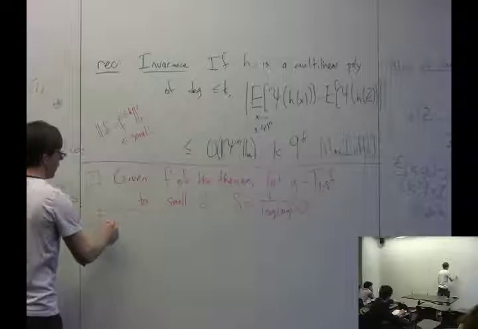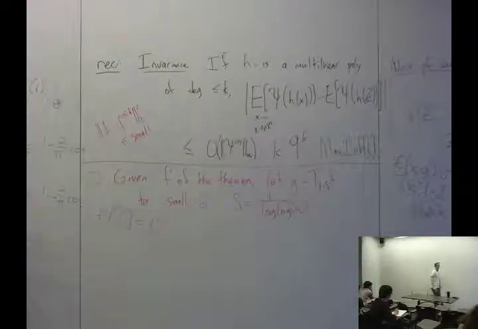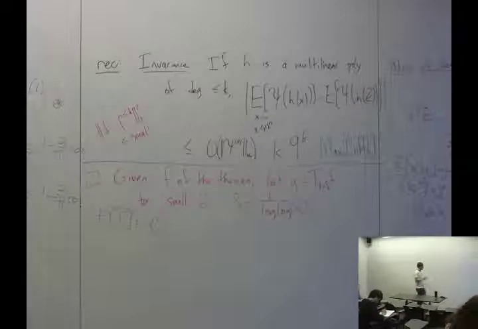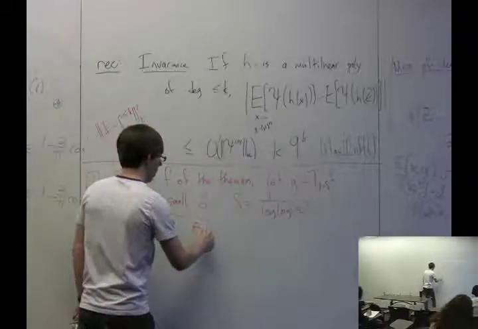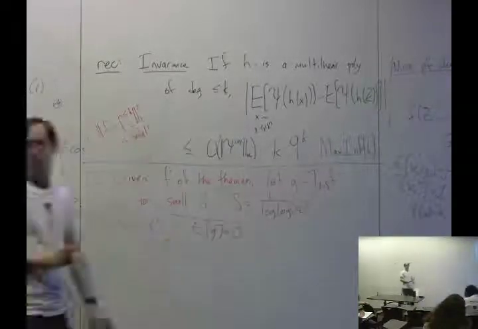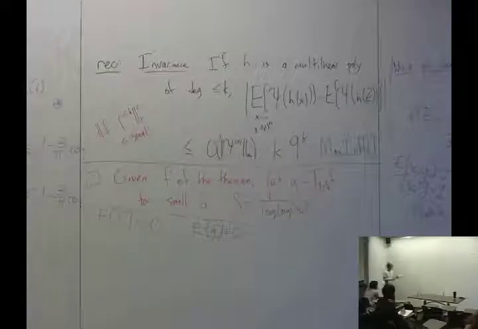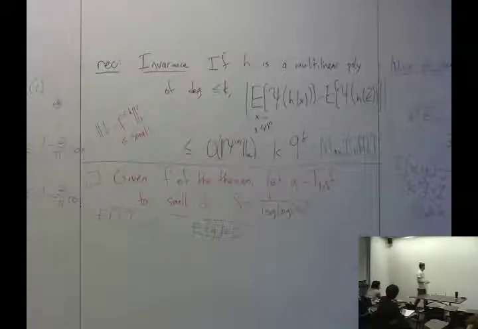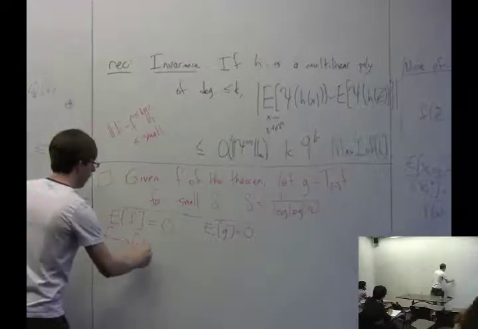Let's look at the properties of G given the properties of F that we know. We have the expectation of F is 0. That's by assumption of the theorem. Therefore, the expectation of G is also 0. This T operator does not change the empty Fourier coefficient of F. We know that F maps into the range -1, 1.